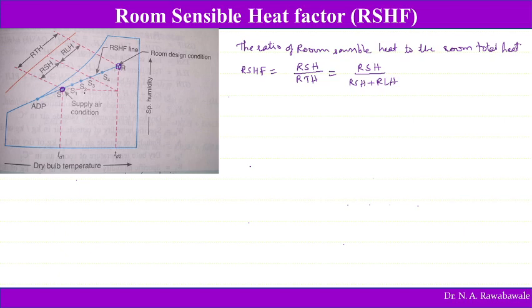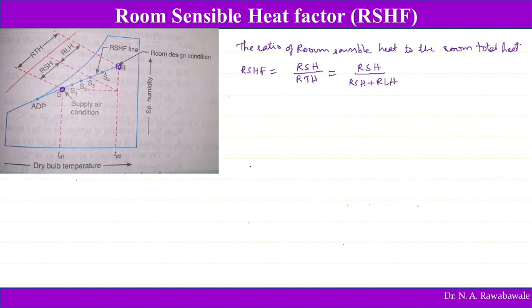For example, air is supplied at 10 degrees Celsius, and we want the room temperature as, say, 30 degrees Celsius. So this is the requirement, and this is the supply condition. In the case of air conditioning, the air is supplied, or it is recirculated, partially air is recirculated, as well as fresh air is also added into the room. So the line SR here is called the room sensible heat factor line.